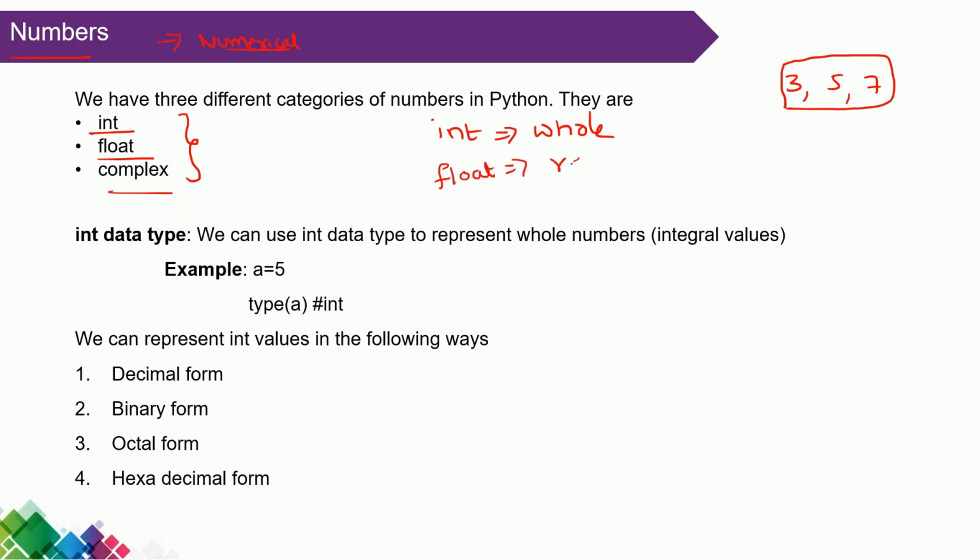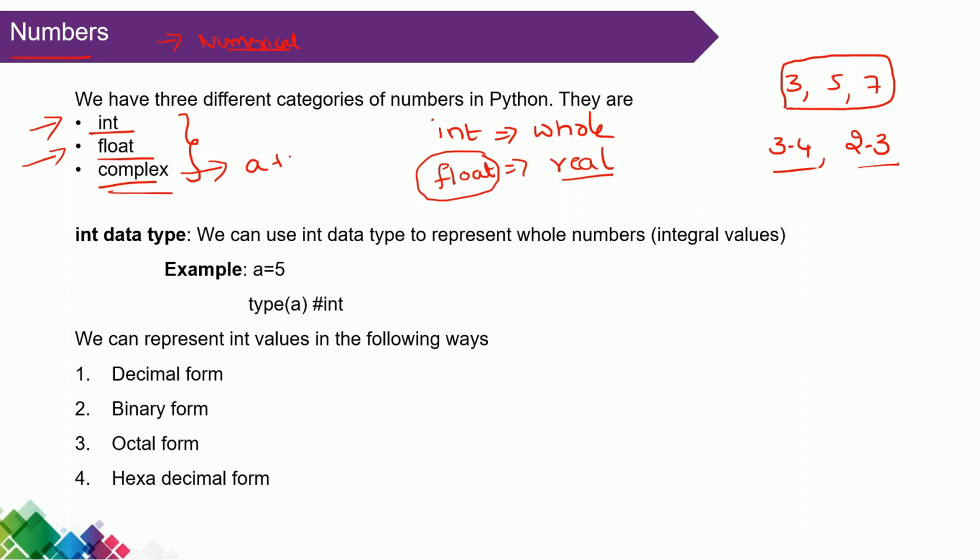Those are called integer numbers. Float is, in mathematics, the real numbers, called technically the float data type. So int is a data type, float is a data type. For example 3.4, 2.3 like this. Finally, the complex.